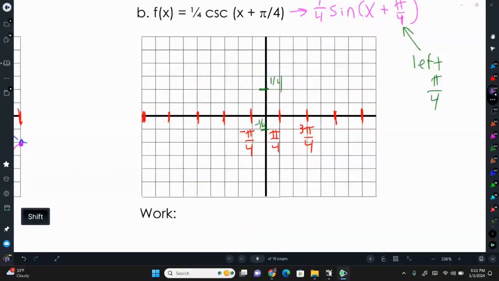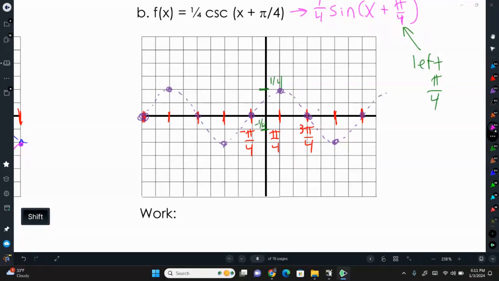So for our key points, go here, then here, then here, then here, there. And then we follow the pattern going to the negative side. And then this would be our sine curve that goes with this cosecant function.